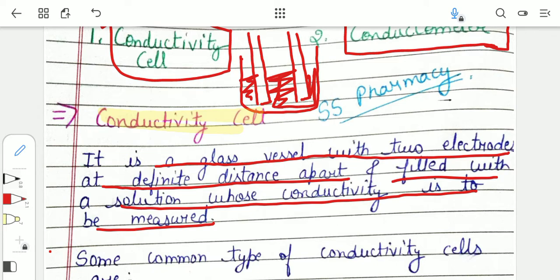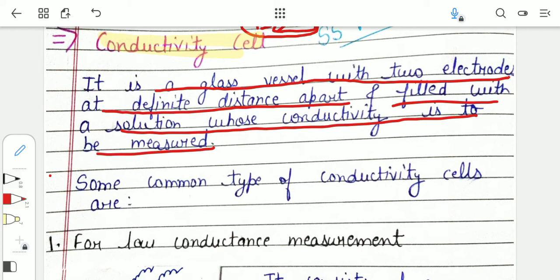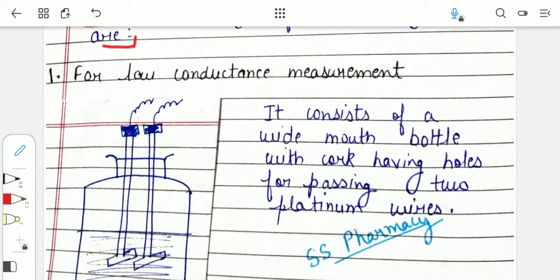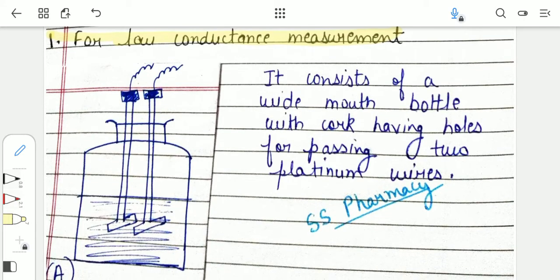Now for different kinds of solutions different kinds of conductivity cells are used, and in this video we will talk about the three most common types of conductivity cell used in conductometry. The very first one is for low conductance measurement. As you can see, this is the diagram for the conductivity cell used for low conductance measurement.